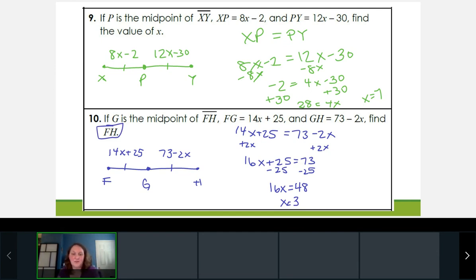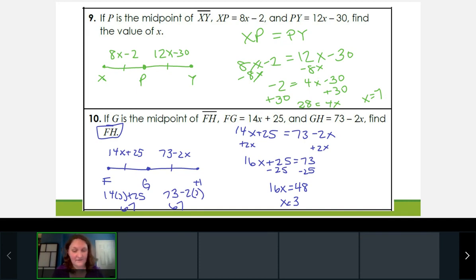We're going to take that 3 and plug it in for FG. So 14 times 3 plus 25. We can plug it in for the x over here on GH. 73 minus 2 times 3. And you'll get what each segment is congruent or equal to. 67. So you should get 67 for both. And if you don't get 67 for both, you made a mistake because these two pieces have to be the same.